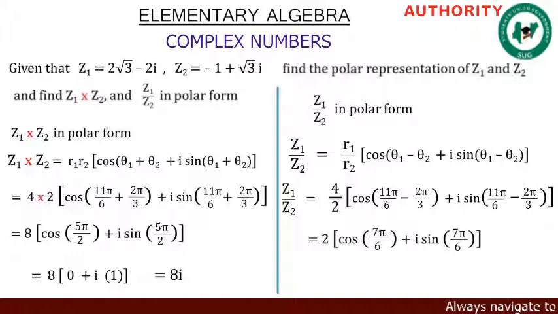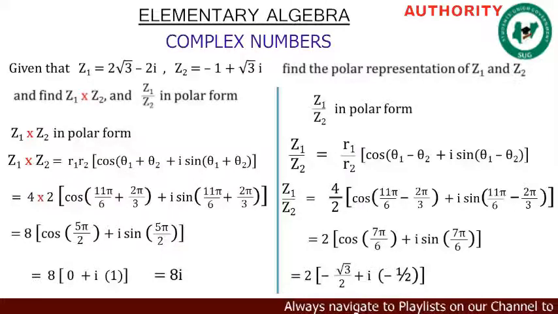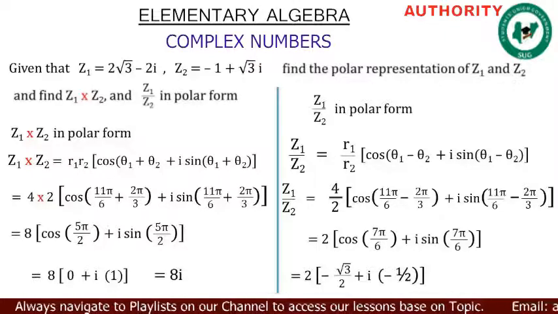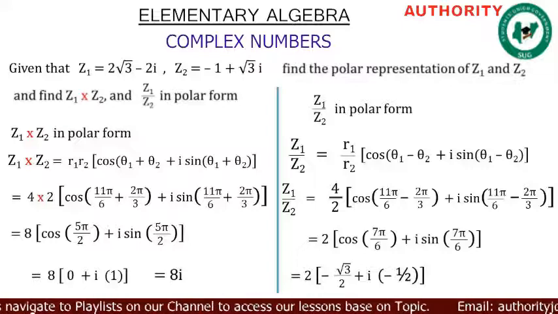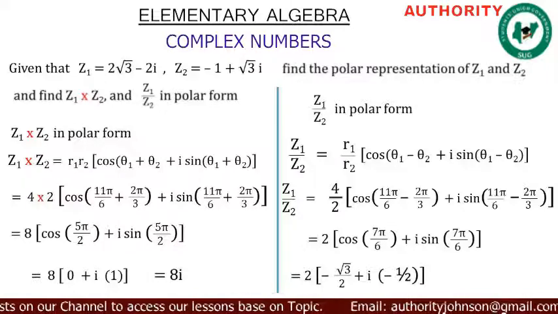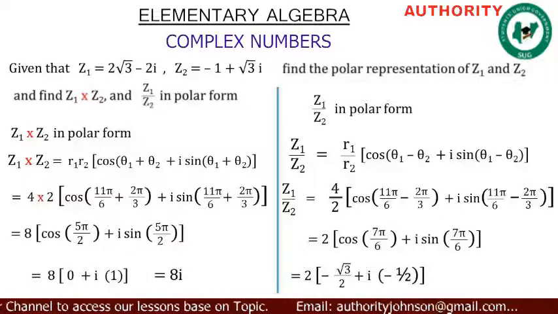When you punch in your calculator, cos 7 all over 6 pi is going to give us minus root 3 all over 2, plus i, and sine 7 all over 6 pi is going to give us minus 1 all over 2. So we have 2 open bracket minus root 3 all over 2 plus i open bracket minus 1 all over 2.